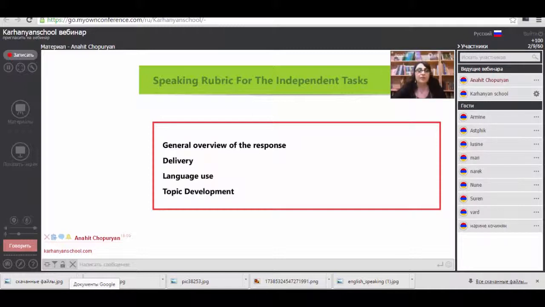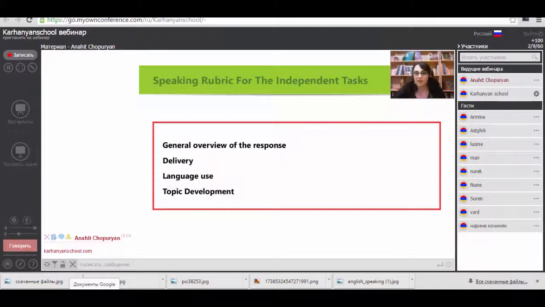About language use: by language use, we understand sophisticated grammatical structures and a stock of academic vocabulary. This is a very important part which you must cover by all means.